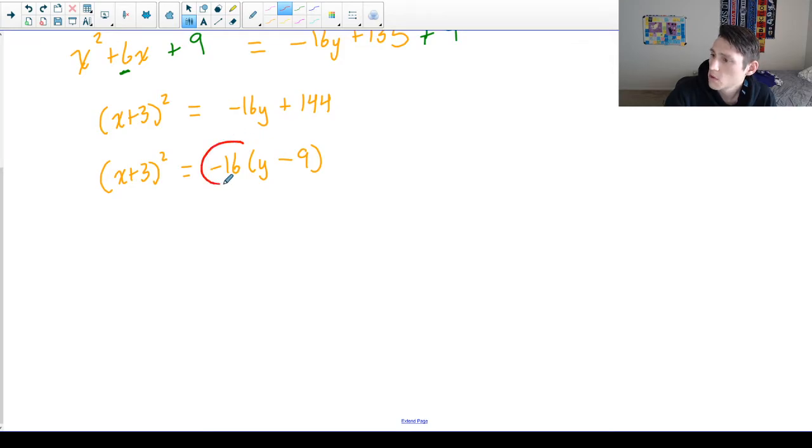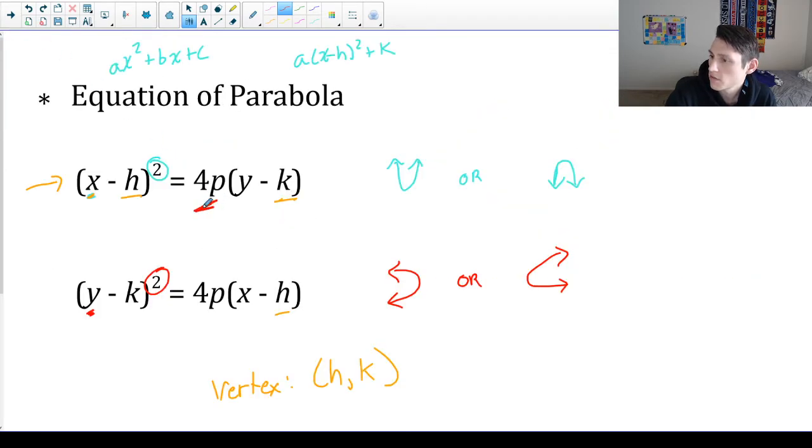And let's do one more thing. Whatever this number is, we know is 4 times p, as we see in our equation. 4 times p. That's whatever number is in front of the y minus k.